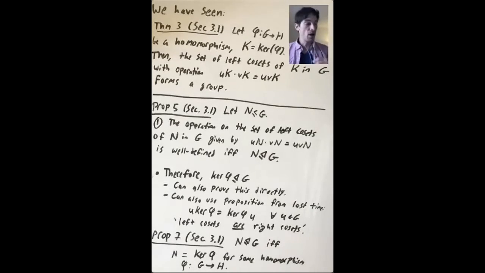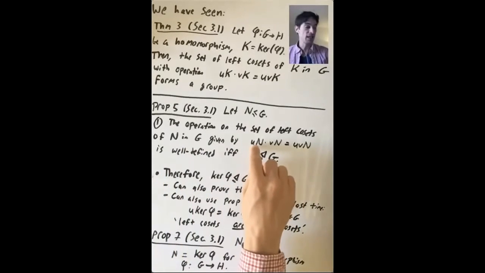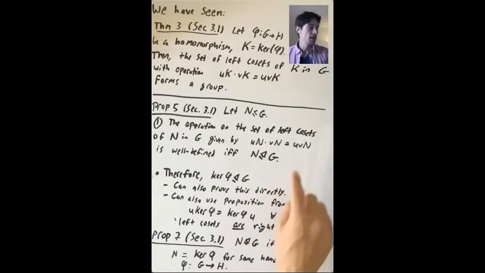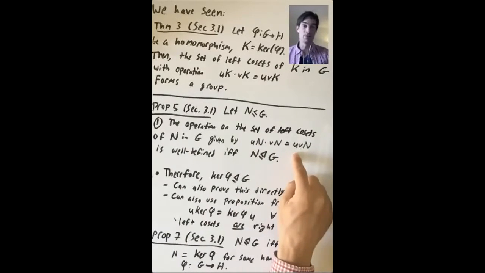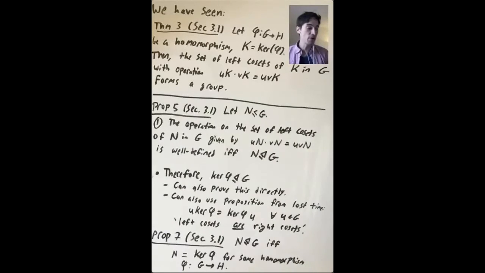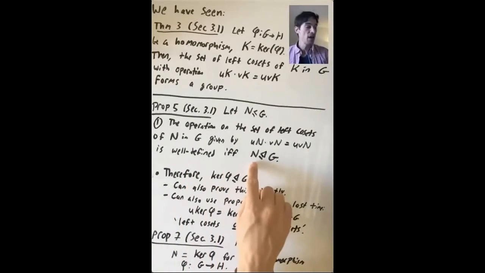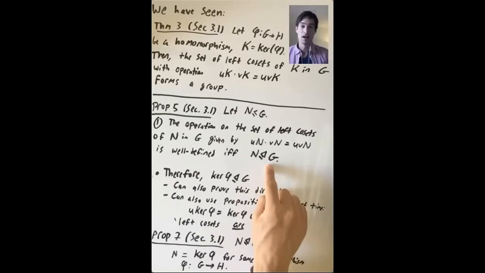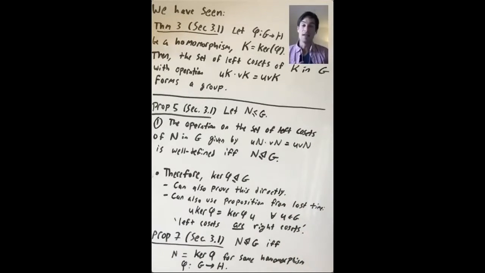Okay, so we've also seen that if you start with any subgroup N, and you try to put an operation on the set of left cosets of N in G by saying that the left coset of N containing u times the left coset of N containing v is the left coset of N containing uv, then this operation is well defined if and only if N is a normal subgroup of G. So you can define this quotient group, factor group, whenever you have a normal subgroup or whenever you have the kernel of a homomorphism.